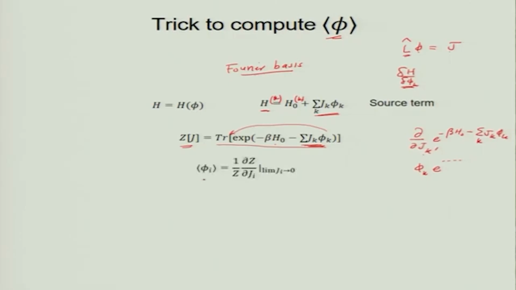Remember, this is what I want: the average of phi_k, the operator, though I am not putting the operator hat here. This expectation means I need to integrate over all modes.